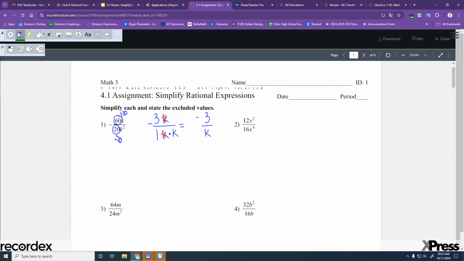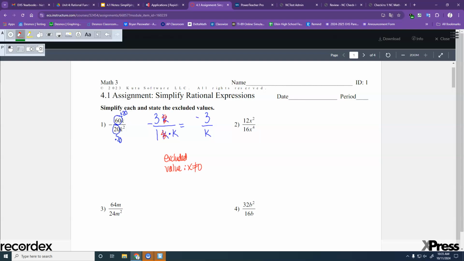I forgot to do excluded values. What number would make the bottom of that 0? No, not negative 20. Not positive 20. 0.